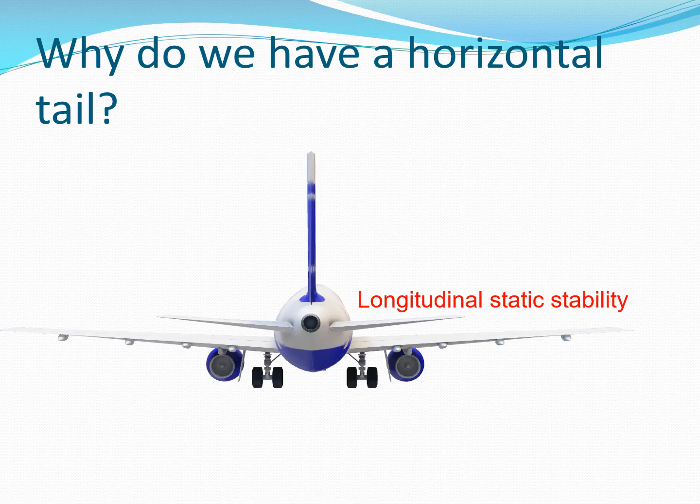Now what we learned in the previous several lectures, when we talked about longitudinal static stability, is that the horizontal tail plays an important role in ensuring the static stability in the pitch direction, or the longitudinal direction. Today we are going to look at the remaining two directions, which involve roll and yaw motion respectively.